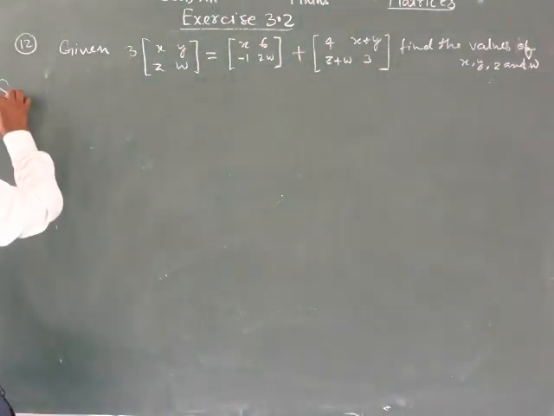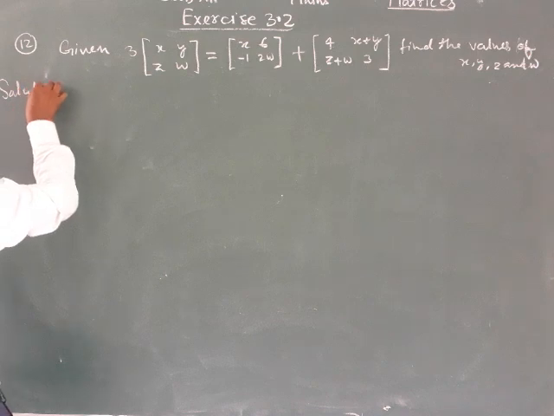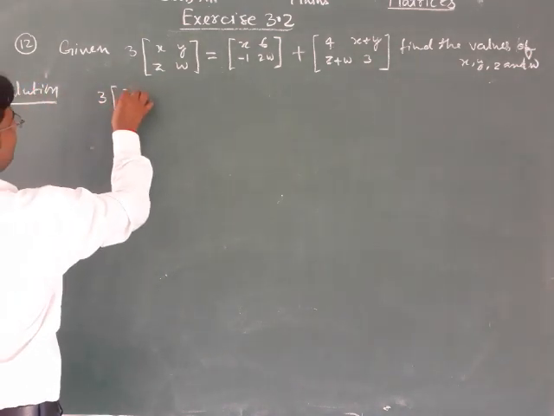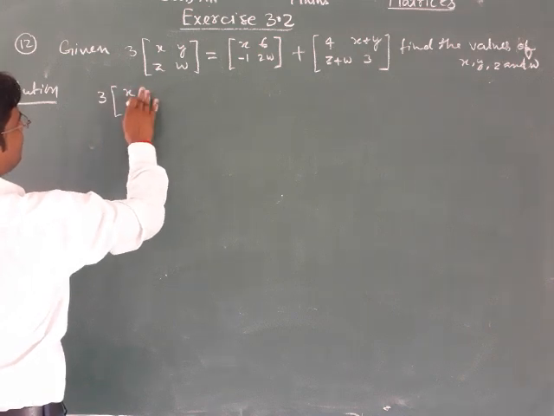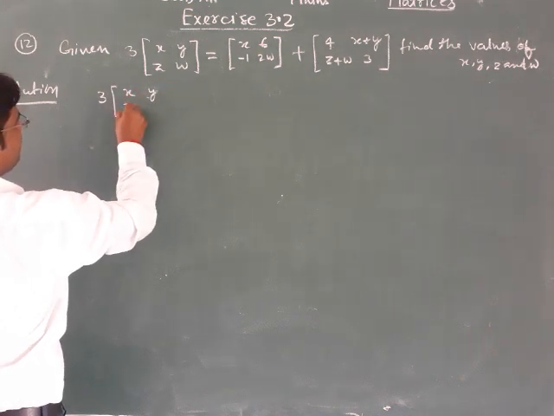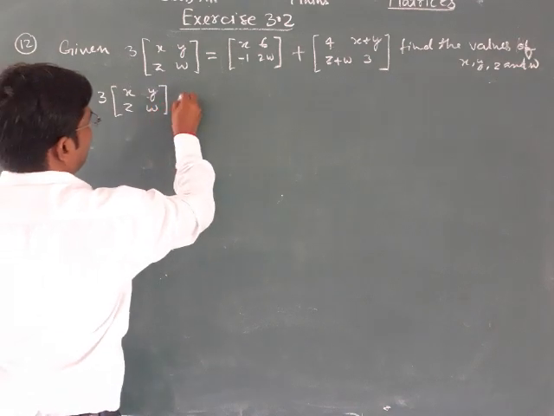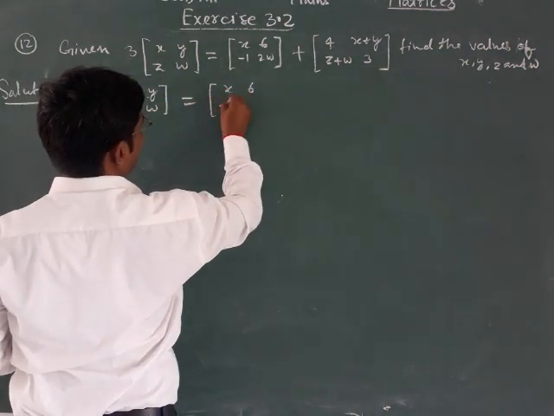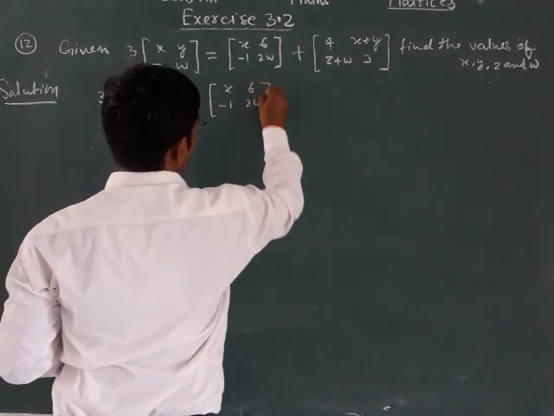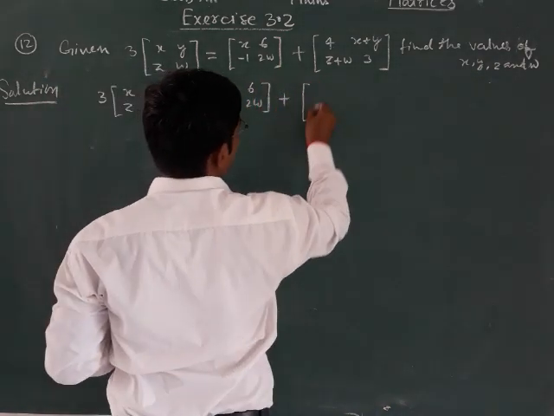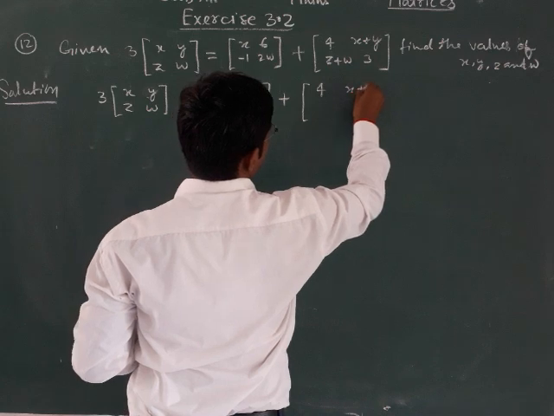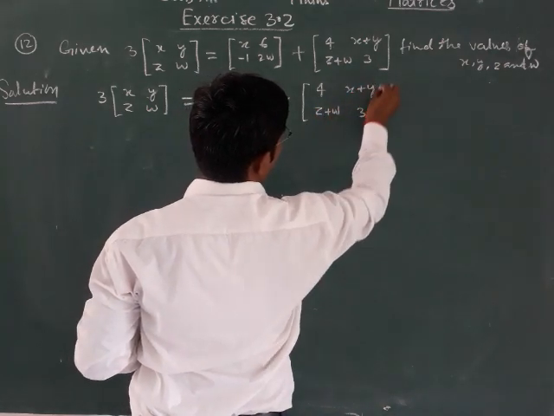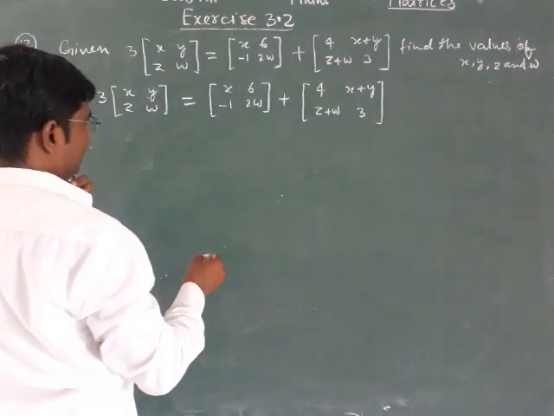So the solution of this question. Given 3 times the matrix [x, y; z, w] is equal to [x, 6; -1, 2w] plus [4, x+y; z+w, 3].